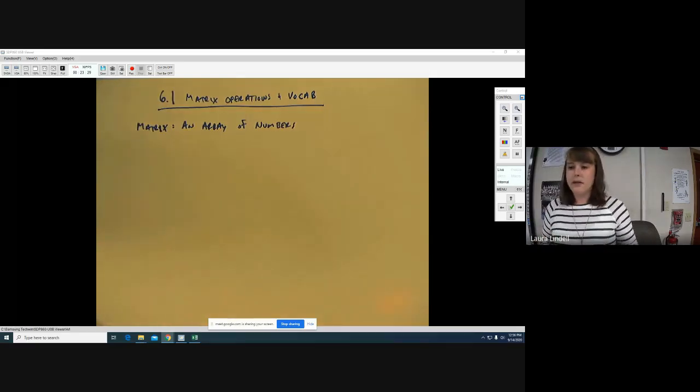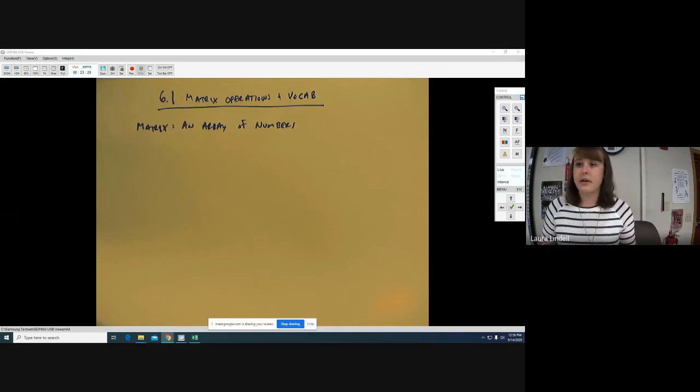It's basically a way of organizing groups of numbers. A lot of times they're used to represent equations, which we'll see later. You can use these to solve systems of equations, which is the practical thing that we're going to be using them for. But first we need to know a little bit about what they look like.